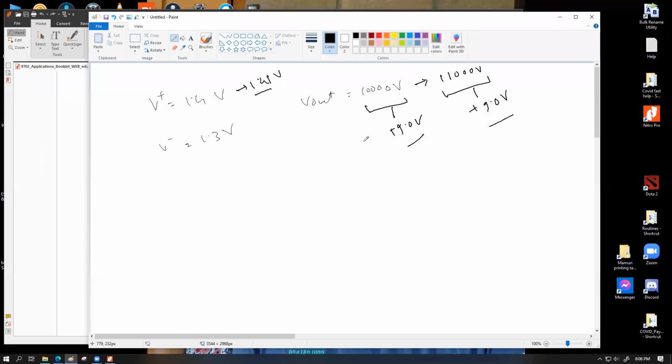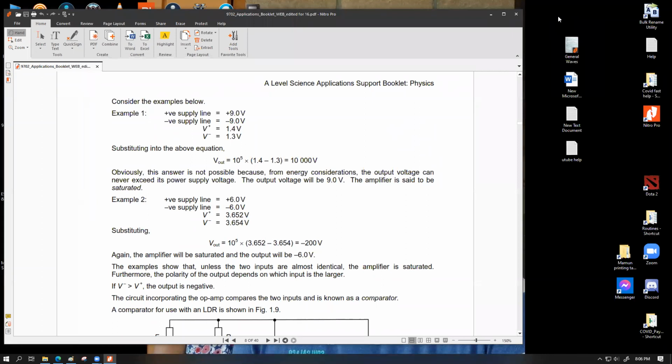Now, if you wonder what the useful range is for the op-amp to avoid saturation, we can actually find that out. You see that the typical value for the gain of a typical op-amp is about 10 to the power 5, and in this case the supply was plus minus 9 volt.